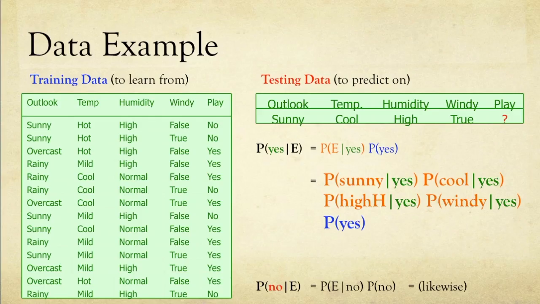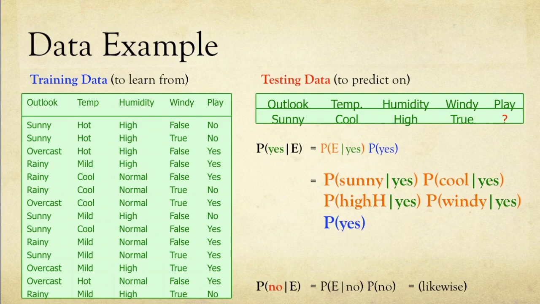Now the question is where these probabilities come from. Essentially, if we build a model, we want the model to learn from the data, especially to learn from the training data, learn from the past experience. So these probability values or statistics should come from the training data.